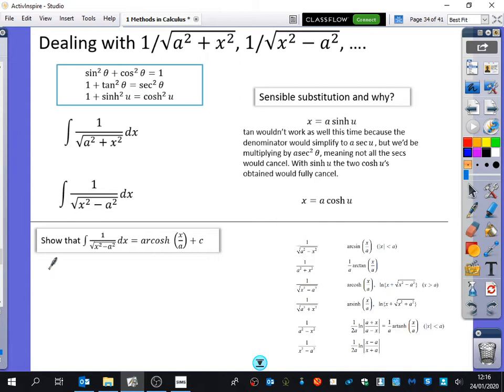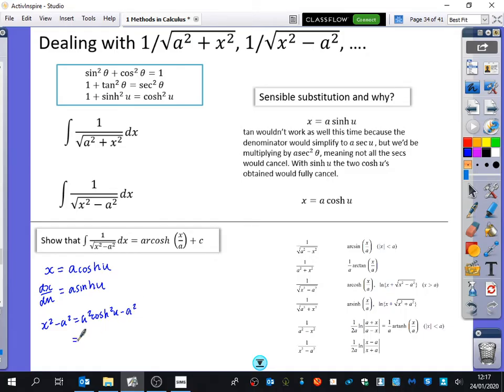So this one, the substitution that we're going to use, is that x is what? A cosh u, because it's going to be arcosh, so we know we're going to be using a cosh within our answer, and we just need to figure out all of the things that we want. So we need dx/du, which is a sinh u, and we also know that for the square root of x squared minus a squared, well, x squared minus a squared is a squared cosh squared u minus a squared.